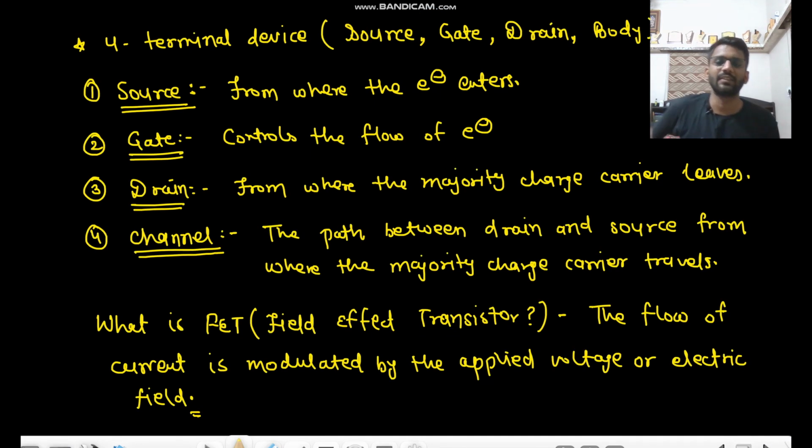So these are the definitions. The source is where the majority charge carrier enters, the gate controls the flow of the majority charge carrier, the drain is where the majority charge carrier leaves, and the channel is the path between the drain and source through which the majority charge carrier travels. I should have written majority charge carrier here, not electrons.